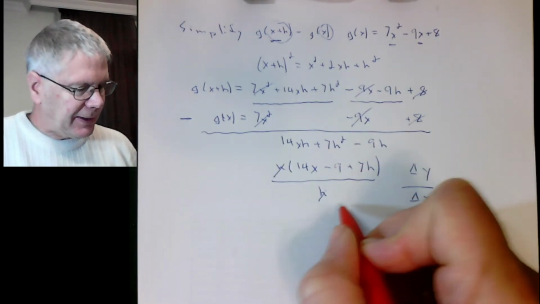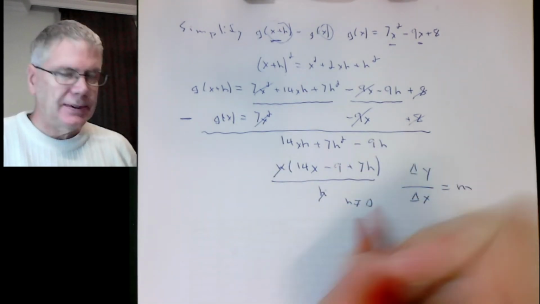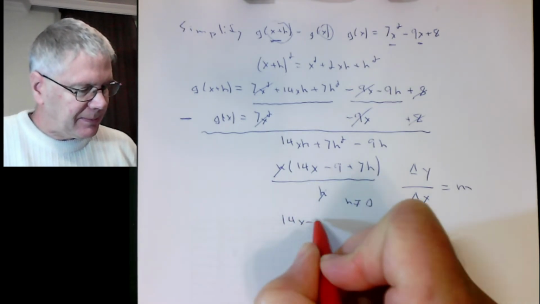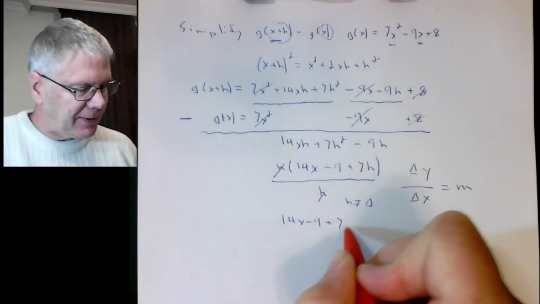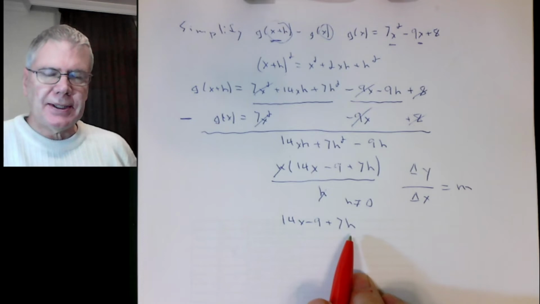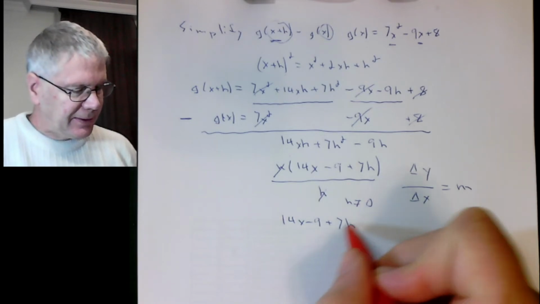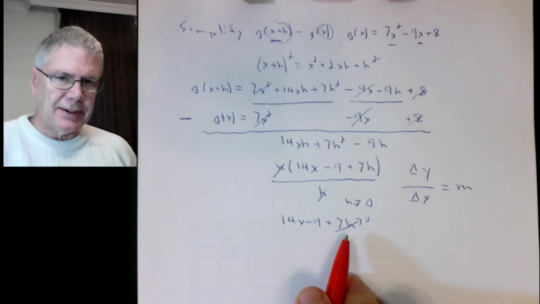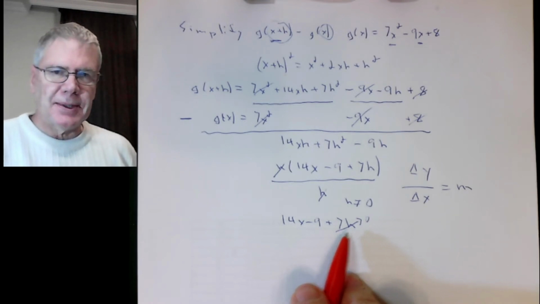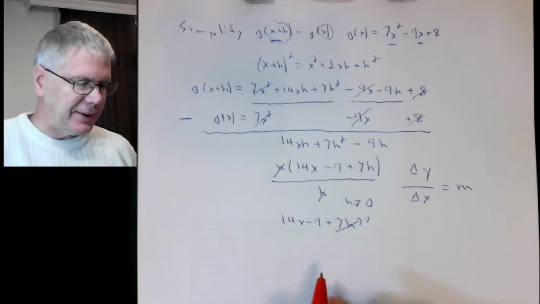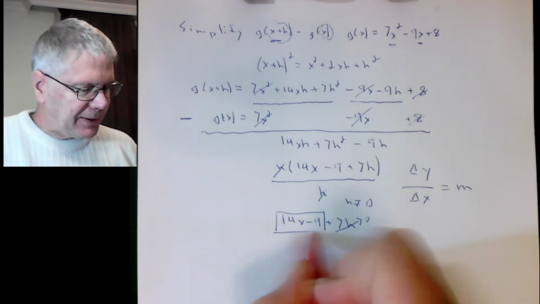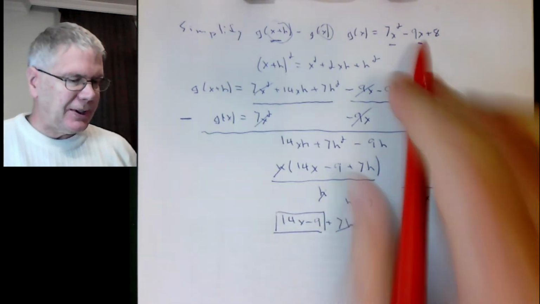Technically, I cannot let it equal 0, but what I have then is 14x minus 9 plus 7h. And if I let h get closer and closer to 0, that's going to become insignificant, essentially go away. Then you get into the topic of limits, which is beyond this short solution. But what you're left with is the derivative. This is the derivative of g of x.